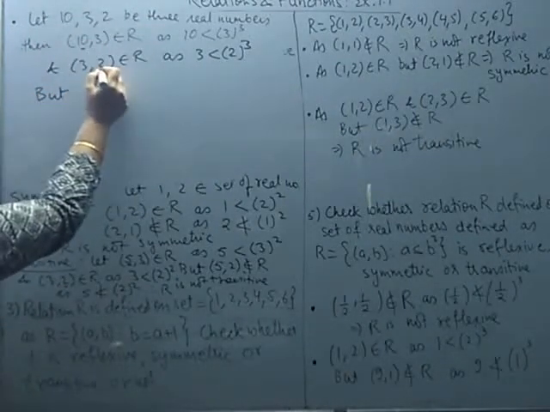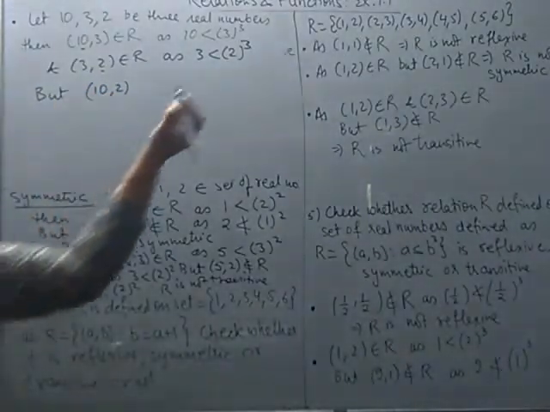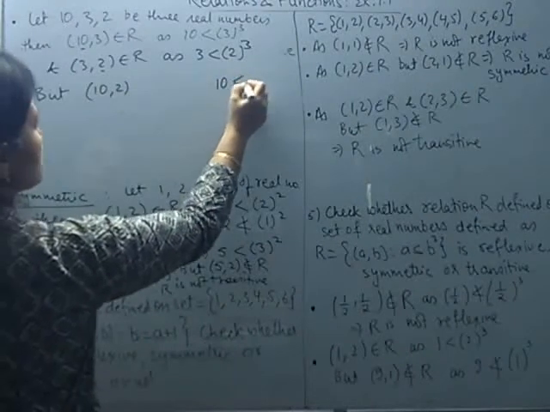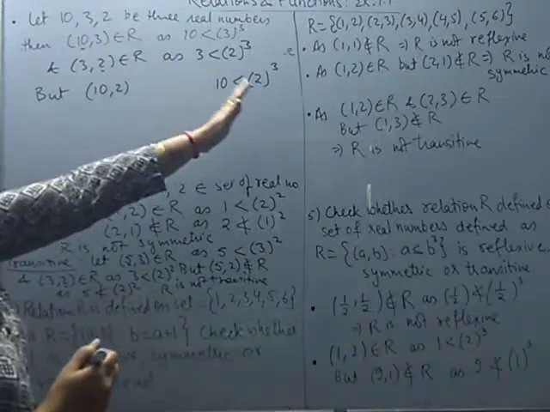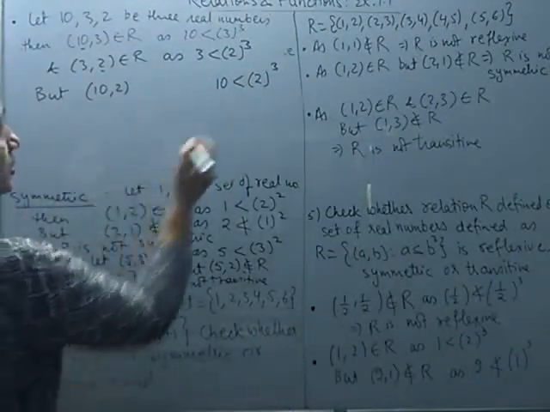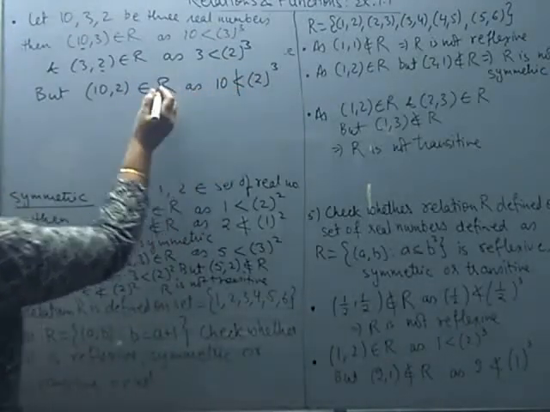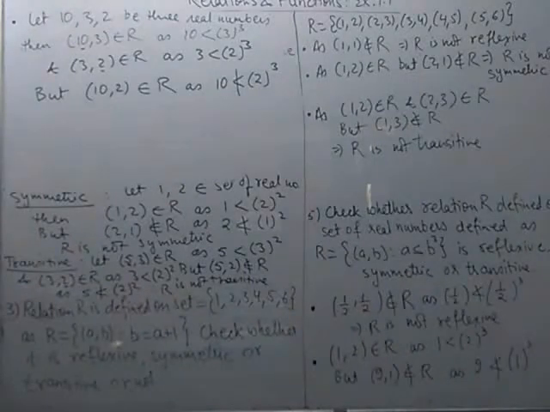What will be the resulting pair? It will be 10 comma 2. Will it belong to R? Let us see. For this to belong to R, what should be satisfied? 10 should be smaller than the cube of 2, but the cube of 2 is 8. So can we say 10 is smaller than the cube of 2? No. So this does not belong to the set R. So what does it imply?